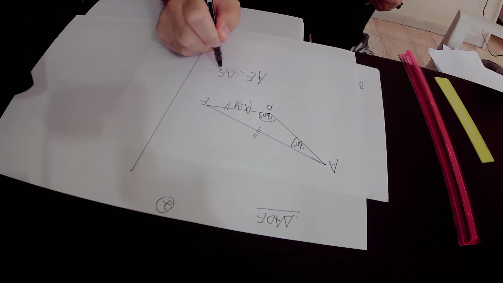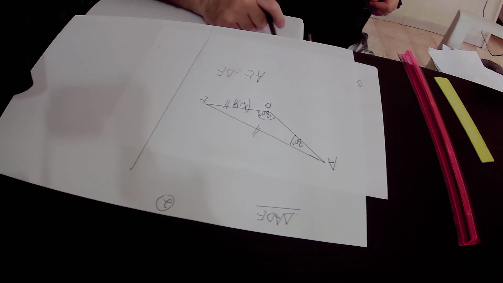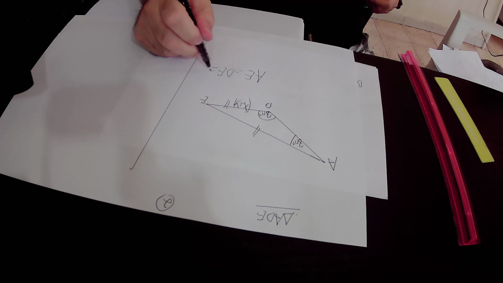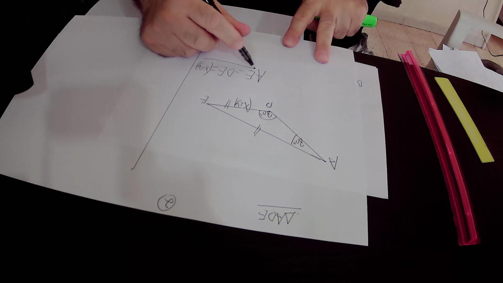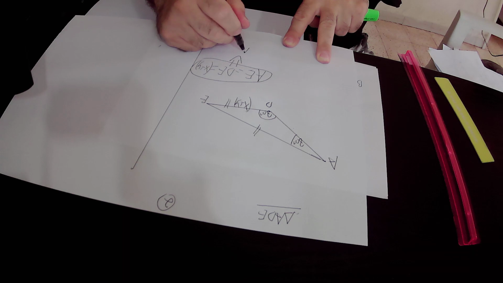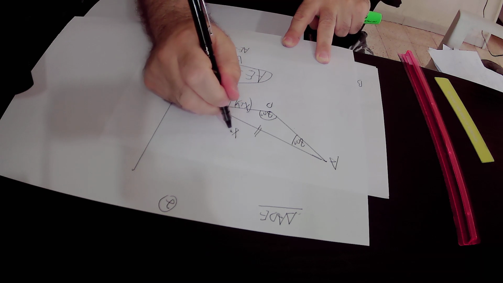Why? Because those two sides are located in front of equal angles, therefore they are equal. So AE equals DE, and we already found that DE equals X plus Y. Therefore AE is also equal to X plus Y.